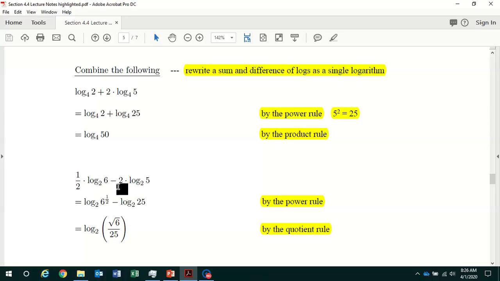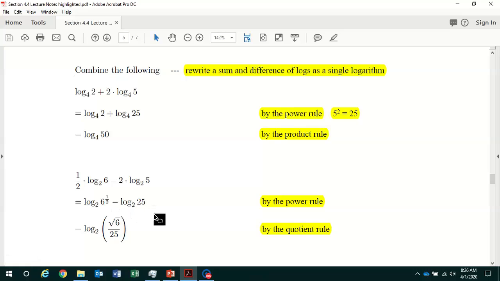And this 2, ignore the minus sign for now, can be brought inside the logarithm and made an exponent on the number 5. So, using the power rule, this is equal to log base 2 of 6 to the 1/2 power minus log base 2 of 5 squared, and 5 squared is 25.